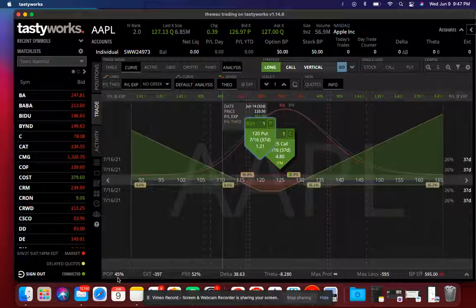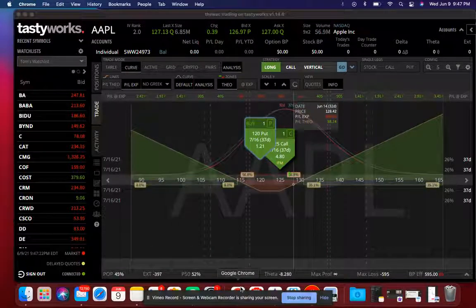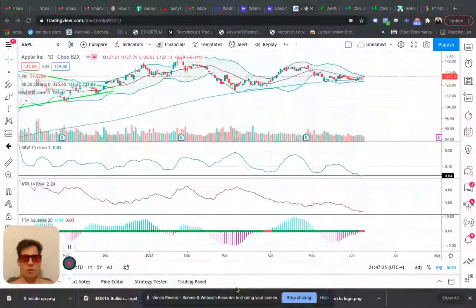Probability of profit is about 45%. So yeah, that's the trade. I'm pretty confident that we're going to see a big move soon. Hopefully, if anything, even doing a call debit spread might be something that would work. But overall, that's the trade, guys.